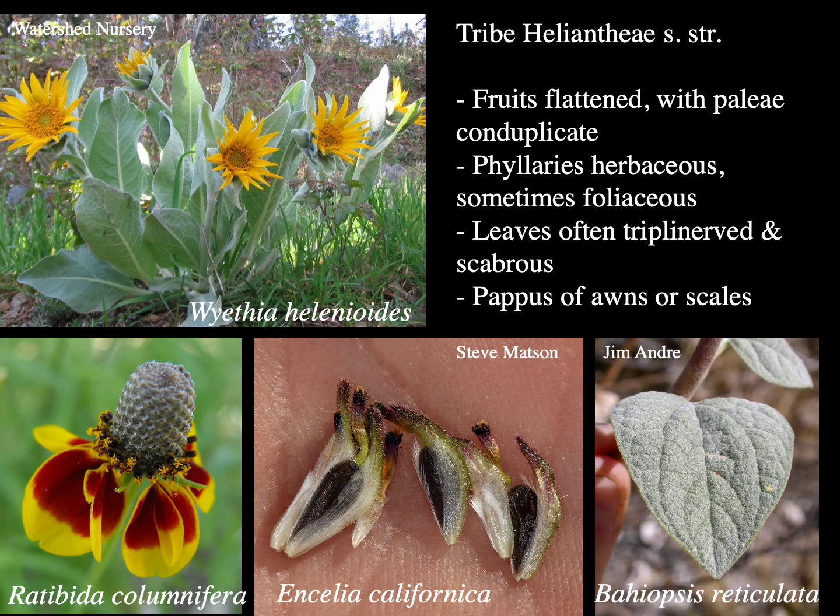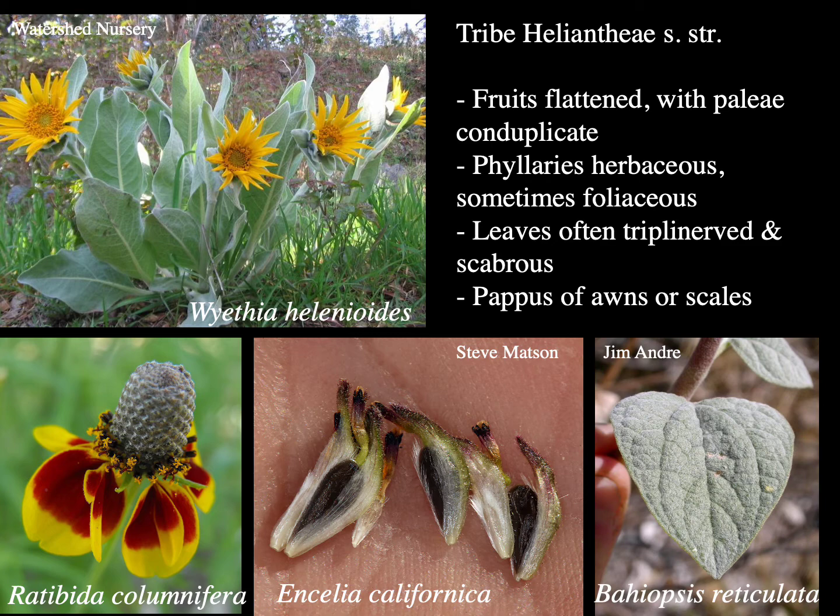So first, the Heliantheae in the strict sense that we recognize today includes about 113 genera and roughly 1,500 species. So it's one of the most diverse tribes of the Heliantheae Alliance still. And some of the features that help to unite it are fruits that are usually flattened.